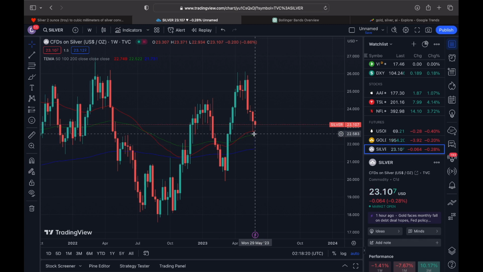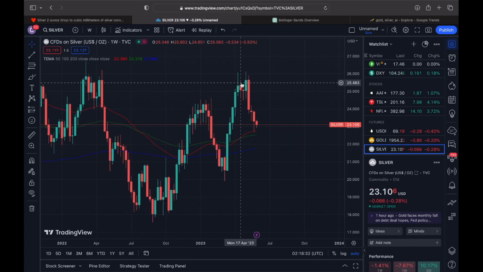And while the cooling off period that we're experiencing with silver from these highs here, where everybody was kind of excited about the price of gold and silver, that's generally what we were experiencing.